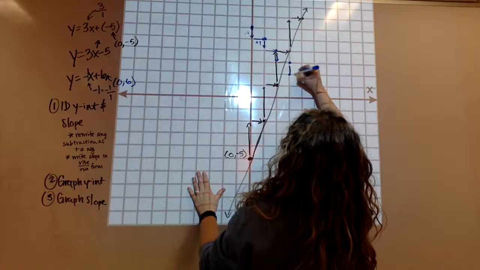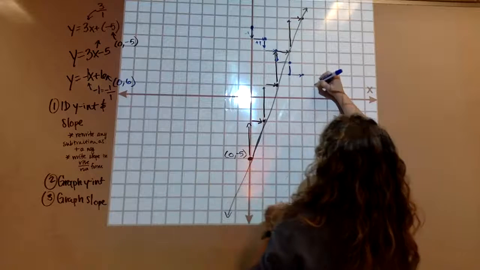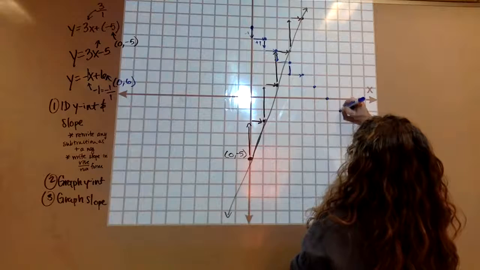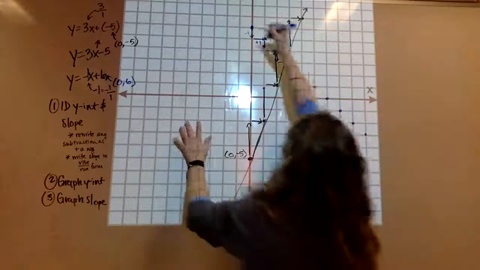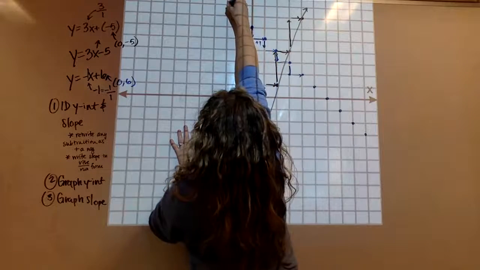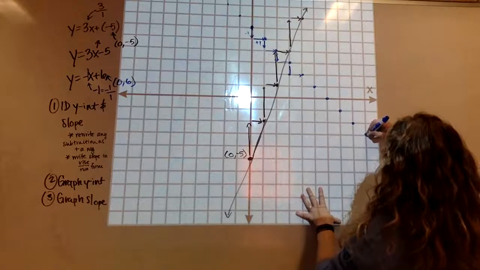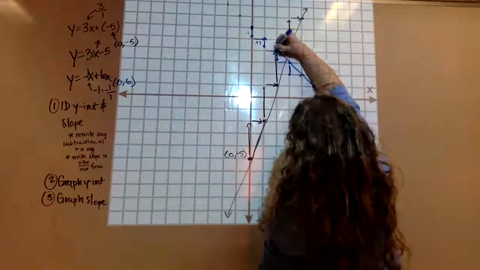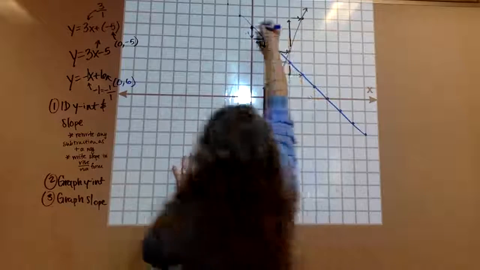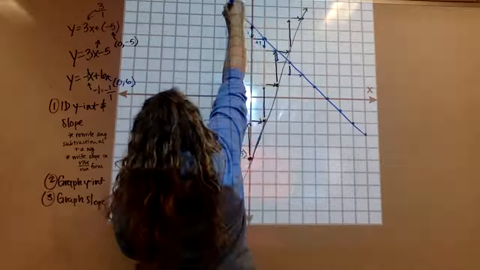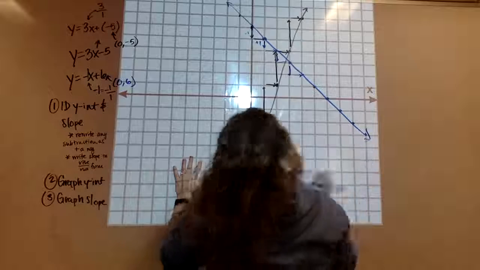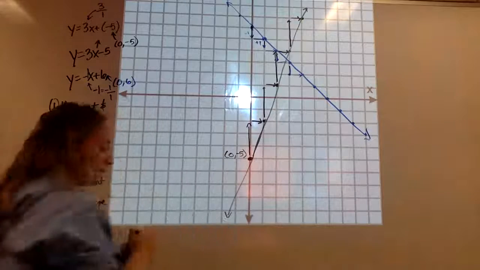Down one, to the right one, draw a dot. And I can fill this whole thing up with dots in both directions. Cool? Now I can connect my dots. And I'm going to make an arrow on each end, and I'm done.